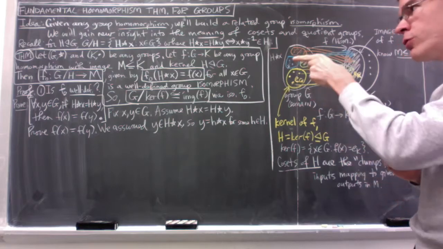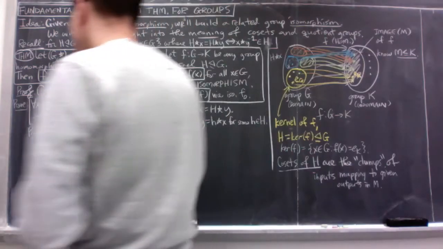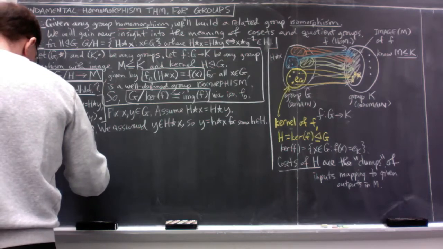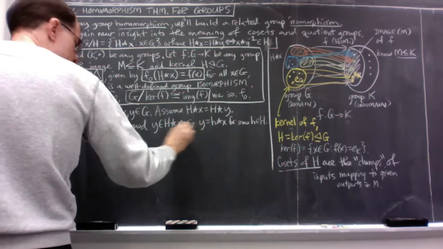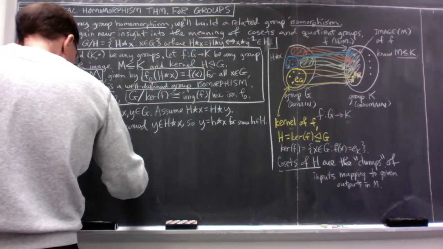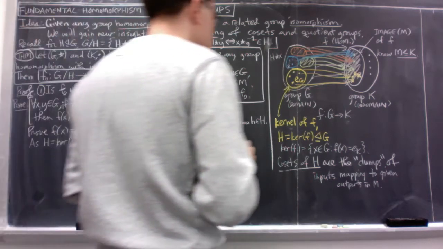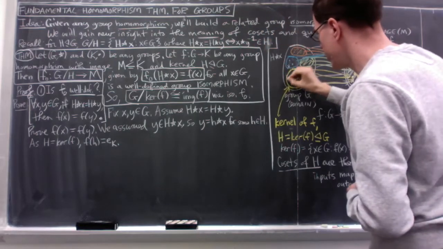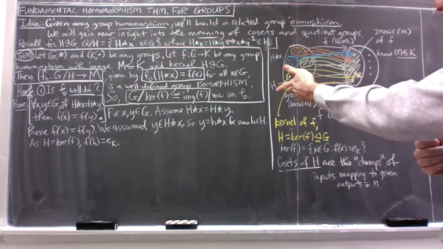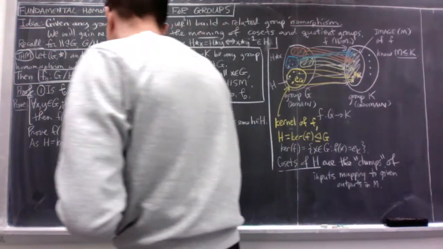Now, what was H? H is the kernel of F. So what does that mean? That means that F of little h is e sub K. So little h is over here somewhere. And then, what's F of y?